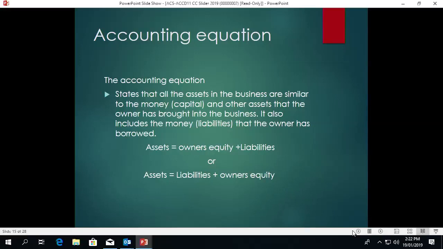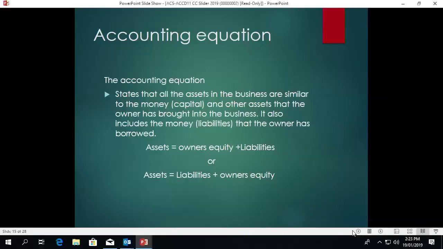So that means all the properties that the business owns, you find you have owner's equity, what the owner contributed, and then we have liability. Sometimes the owner does not have enough money to contribute. Sometimes the owner will have to go and borrow money, so we call that liability.